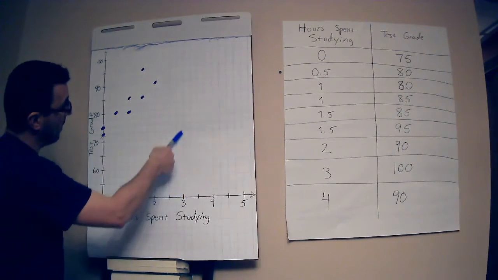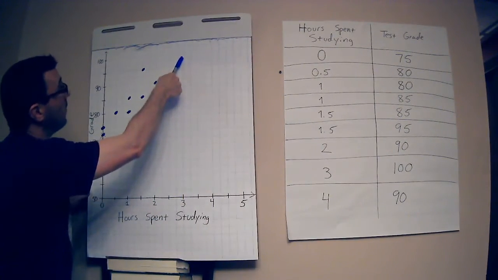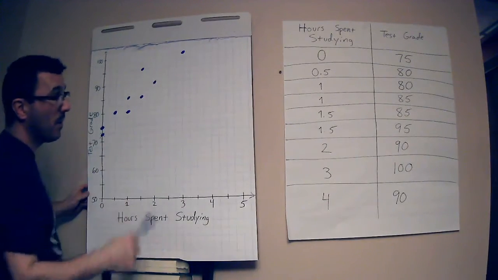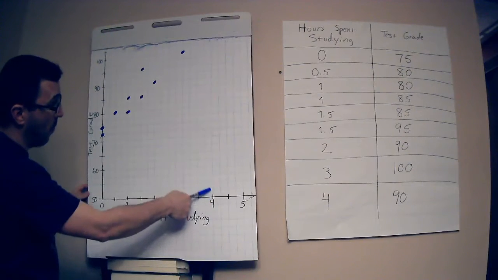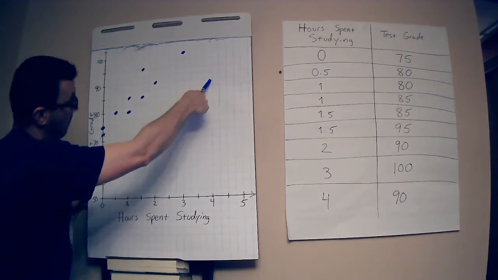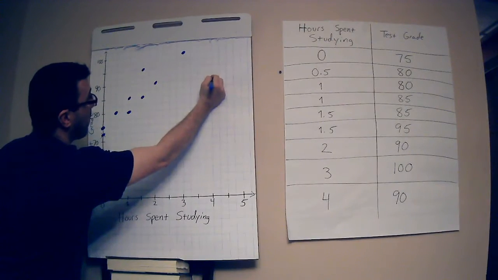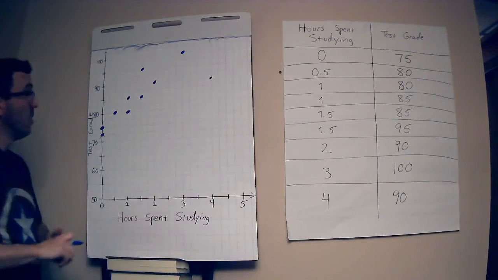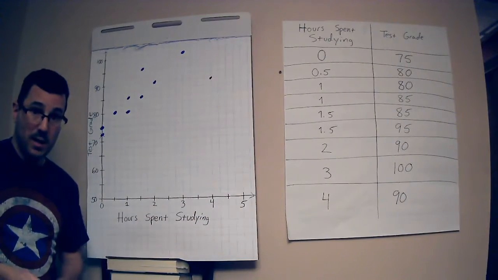So we're going to follow that all the way up to 100. So put that right there. And another student studied for 4 hours, and they got a 90. Okay, so 4 hours, 90.